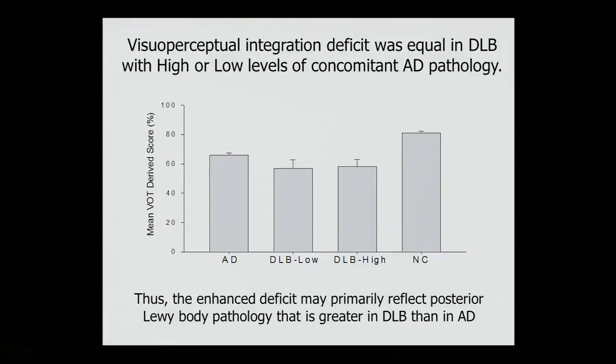One interesting aspect we decided to look at, because dementia with Lewy bodies also often has concomitant Alzheimer's disease pathology, was to split them up into those with low or high levels of Alzheimer pathology. You can see that had no impact, so it really looked like it was the Lewy body pathology that was driving their worse performance than patients with pure Alzheimer's disease.